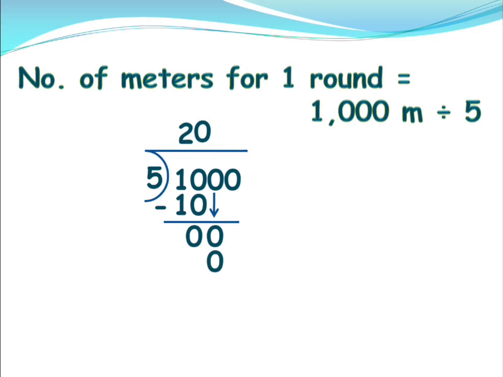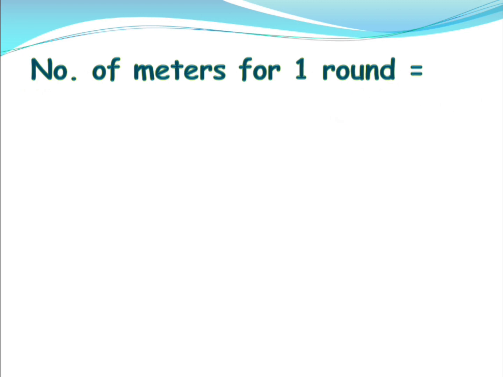Now you need to subtract. 0 minus 0 will be 0. Now you have to bring down the last digit, 0, and 5 zeros are 0. After subtraction, 0 minus 0 will be 0. Now how many meters? Number of meters for one round is 200 meters, isn't it, children?